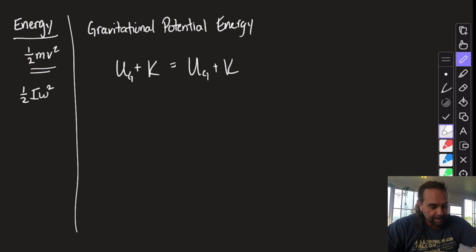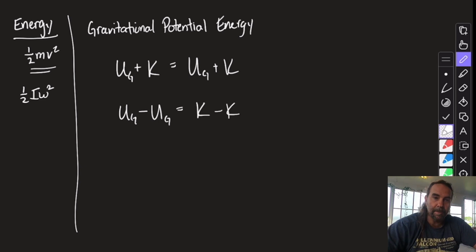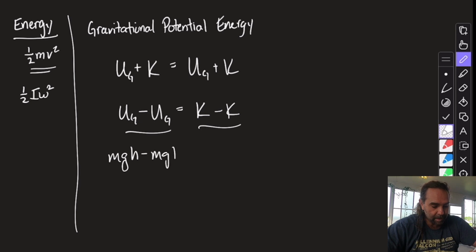And we've gotten things like, just subtracting from both sides, any change in potential gives us a change in kinetic. This is actually where mgh minus mgh naught comes from. It's always been like this. We've just not really highlighted it in this way.